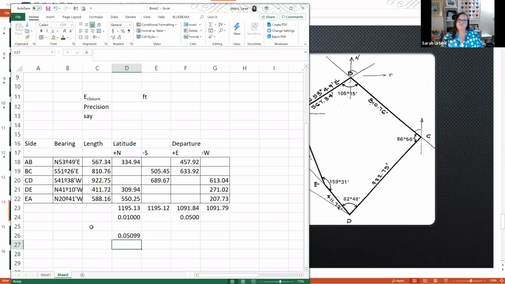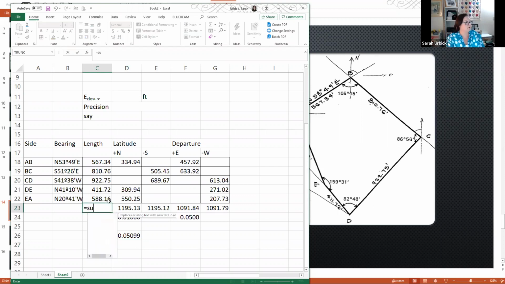So the way to figure that out is to figure out all those different lengths that we went, what's the average? What's the proportion, right? So we are off by 5/100ths for how far? Our total perimeter, right? 3,300.